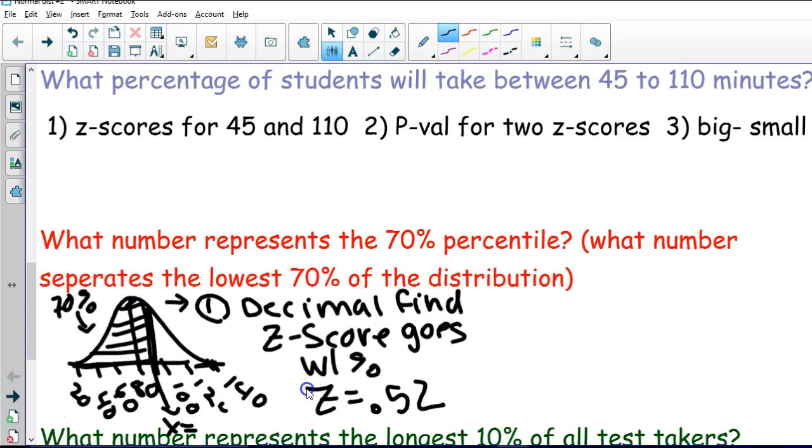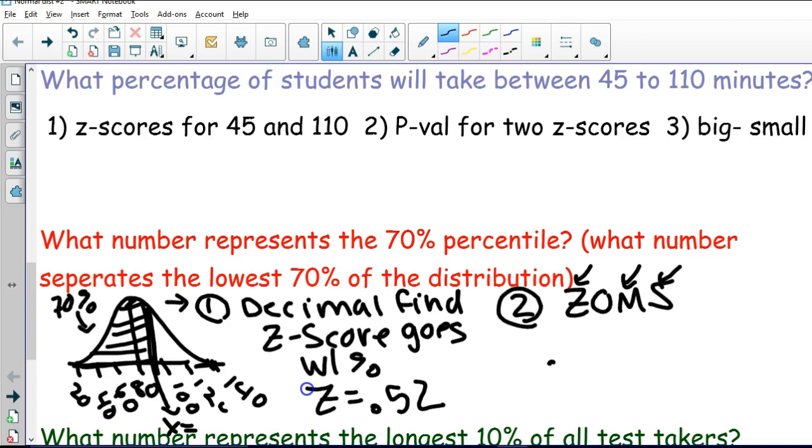We know what the z-score formula is. We know the z-score now. We just found that. We know the mean. It was given in the beginning of the problem. And we know the standard deviation. We also know that this is an equation, so now we can use algebra to solve for the observation.